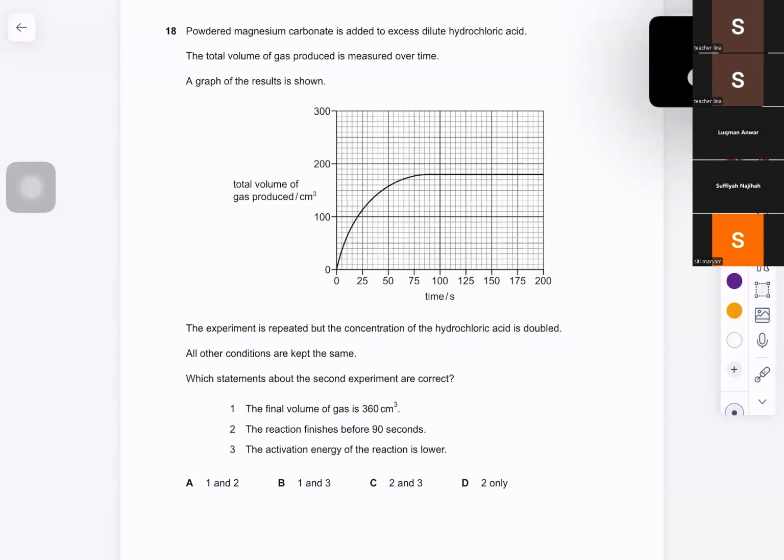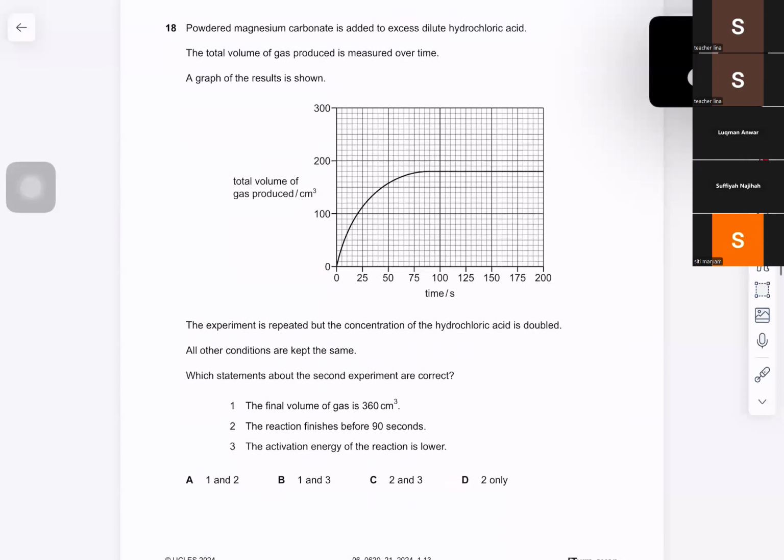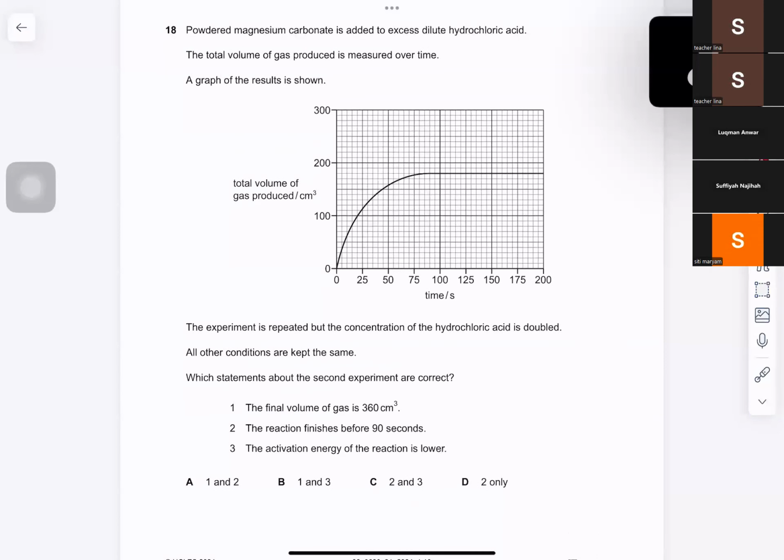Alright, so powder magnesium carbonate is added to excess dilute hydrochloric acid. The total volume of gas produced is measured over time. Okay.